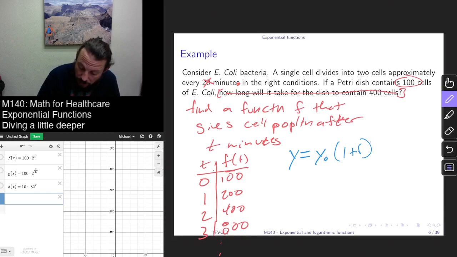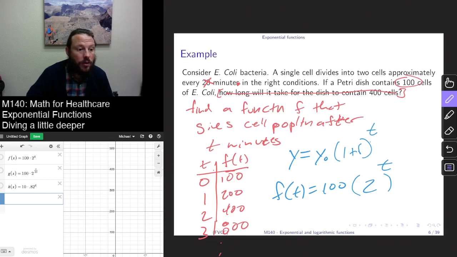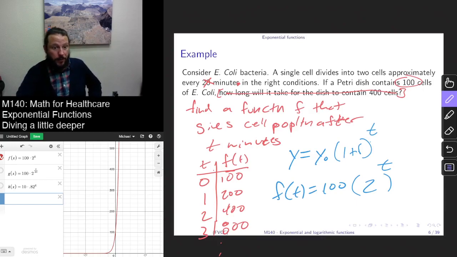So we get a function f of t equal to our initial amount, 100 cells, and our r is 1, so we get 2 raised to the t. In my lower left screen, that's what that looks like. That's pretty extreme, that's steep, that's going up. Probably not realistic.